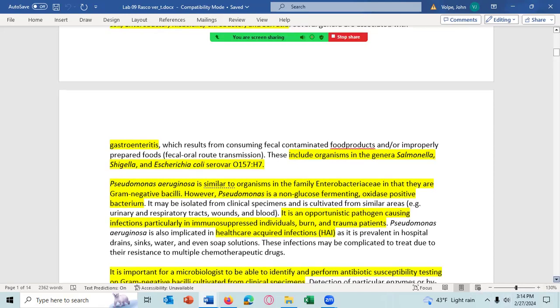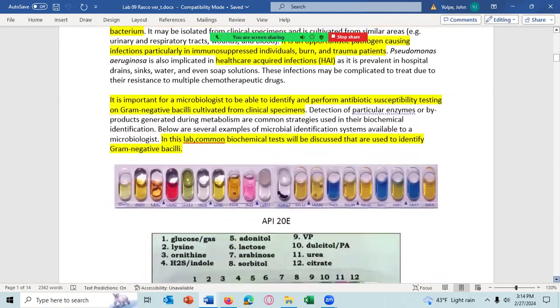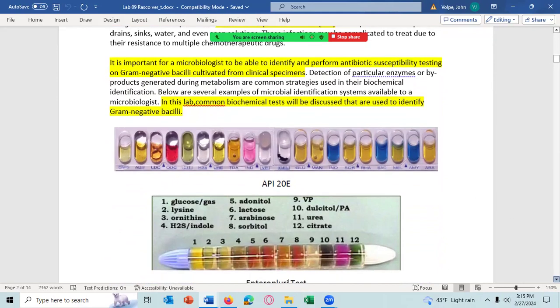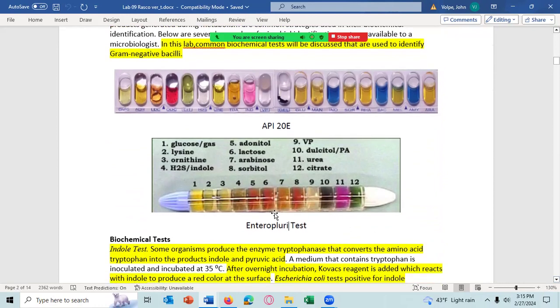All right. It's important for microbiologists to be able to identify and perform tests on gram-negative bacilli, especially when they're given to a clinical lab as a clinical specimen to see if there's something causing the disease in the patient. And here's a whole bunch of tests that are frequently run on gram-negative bacilli. And here's a device.